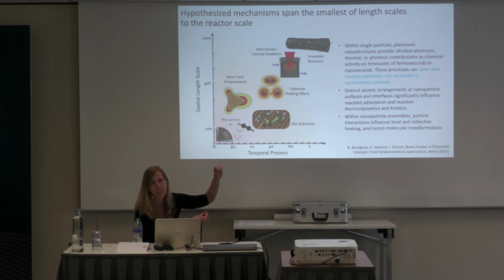So your overall conductivity is the sum of the concentration of your electrons times their conductivity, and then you also have to think about the hole contribution. So it's the same thing for those interband transitions in gold. You have to think about the empty states that are left behind in the d band and how those can contribute to catalysis. Hopefully that helps.